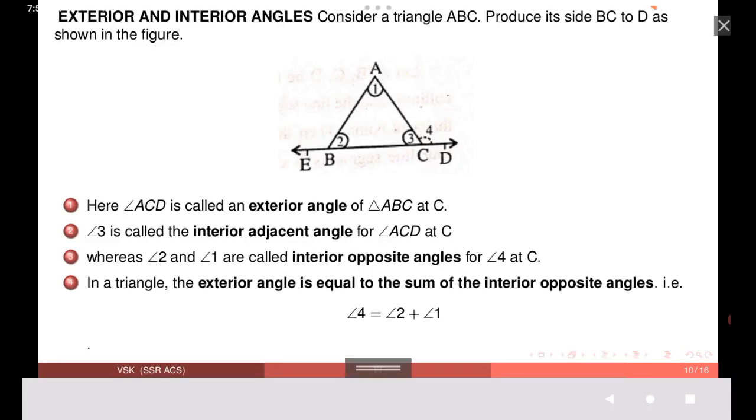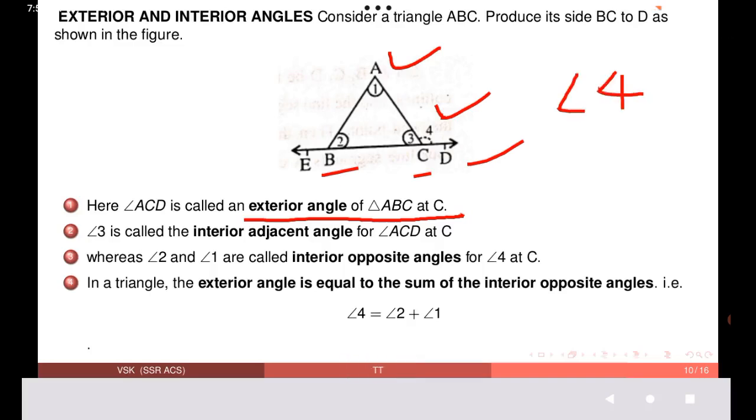Now what is meant by interior and exterior angle? Suppose this is a triangle ABC, and we extend it from E to D, this is the extension we did. So here ACD, what is ACD? Angle ACD, so angle 4. This is called the exterior angle for angle C. Similarly, this angle will be exterior for angle 2.